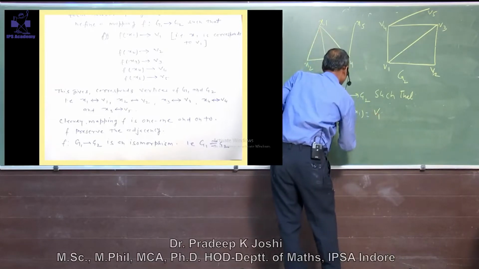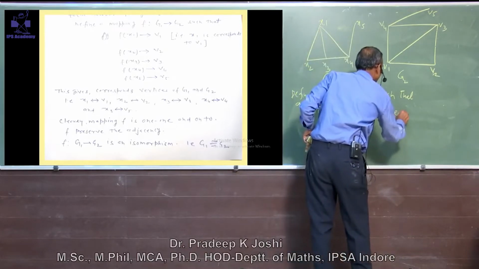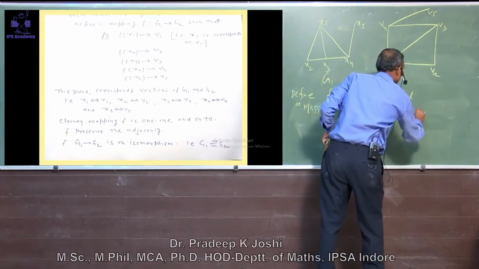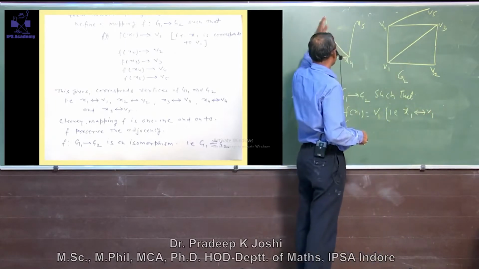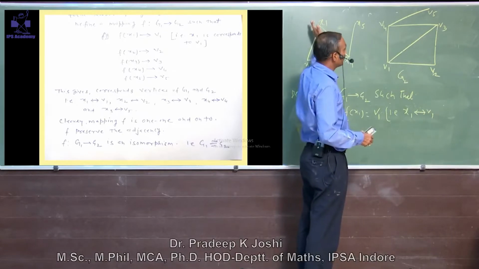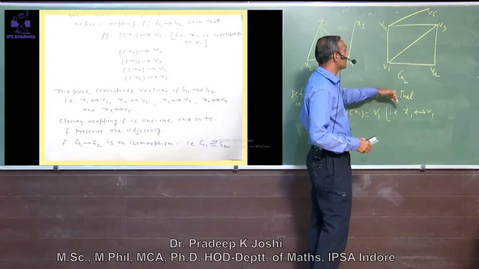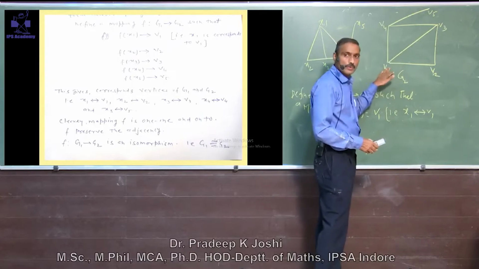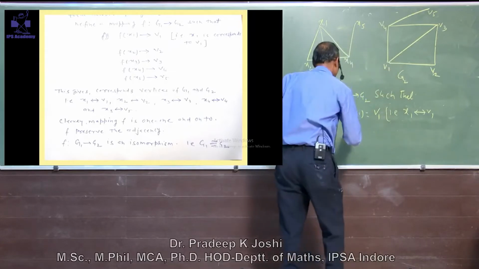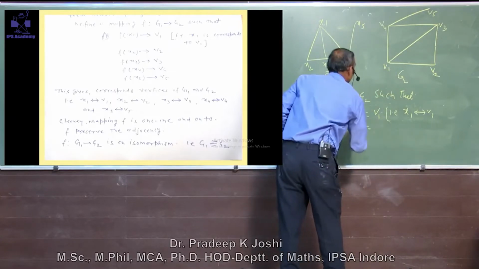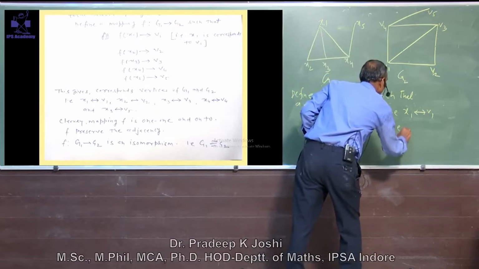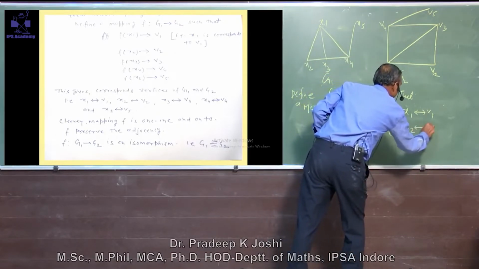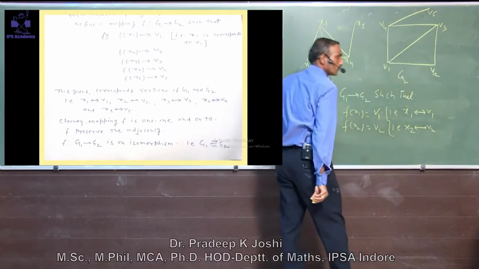That means x1 corresponds to v1. In graph G1, x1 is a vertex and its corresponding vertex we are taking in G2 is v1. Now f of x2 equals v2, that means x2 corresponds to v2.